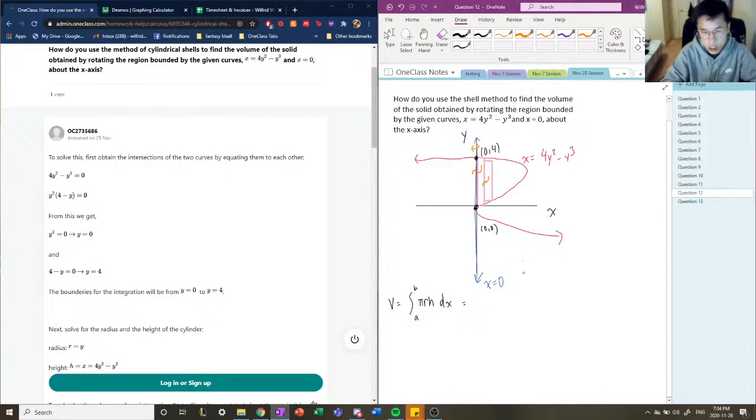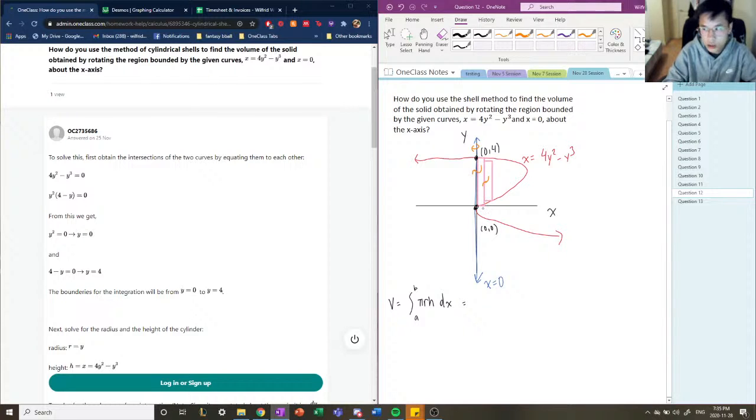Okay, so the rule of thumb between using the disk method and the shell method is that it depends on what we call a differential strip. So our differential strip here is these rectangles that comprise the area of our region. In a regular 2D integral, we're calculating the areas of these rectangles, and we call these rectangles a differential strip.